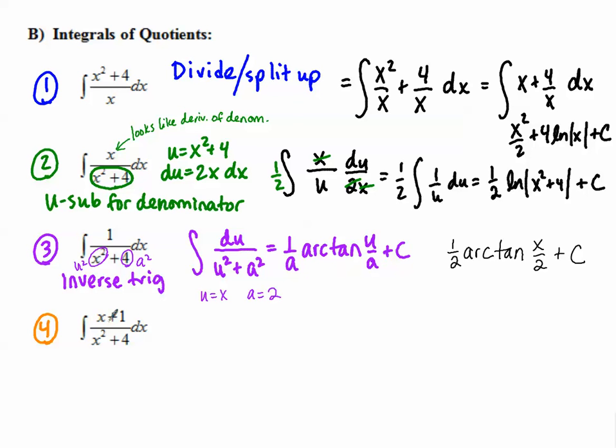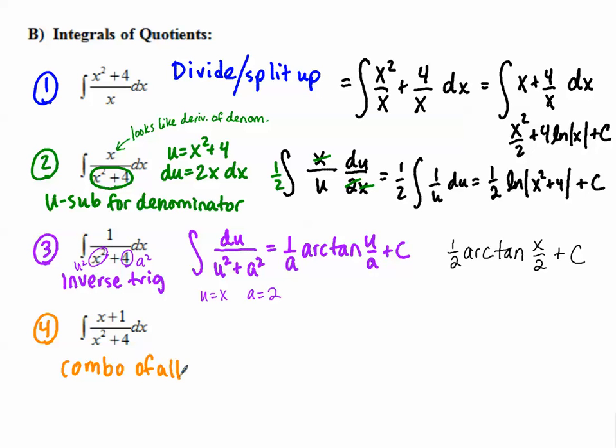However, I'm not supposed to have a variable in the numerator for that. So this is actually a combination of splitting it up, u substitution and the inverse trig. It's a combination of all of the above. This is a combo of all of them.